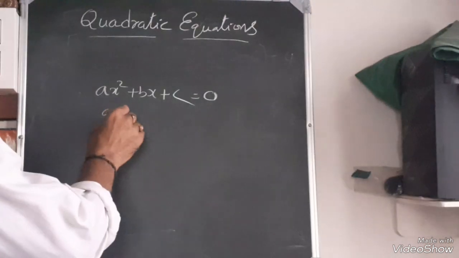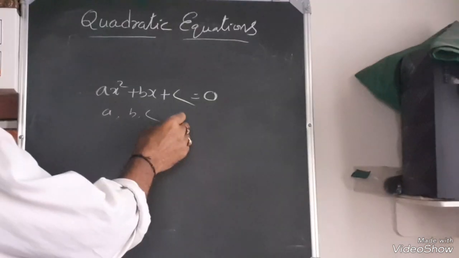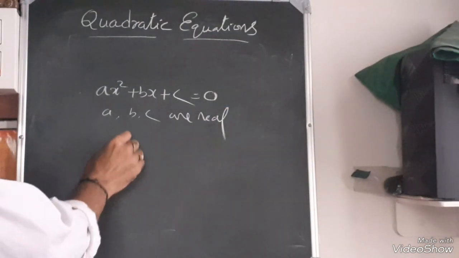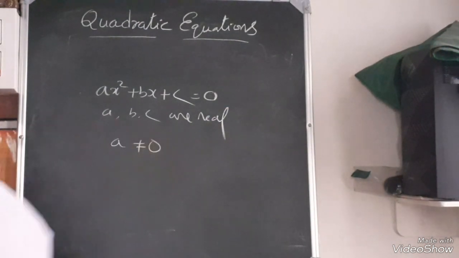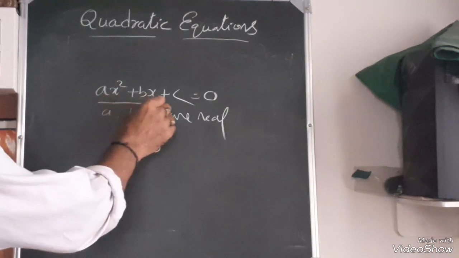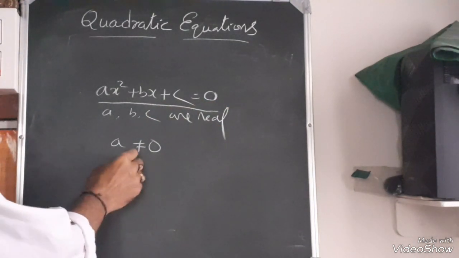Here a, b, c are real numbers, and one more condition here, a is not equal to 0. So this is the quadratic equation.